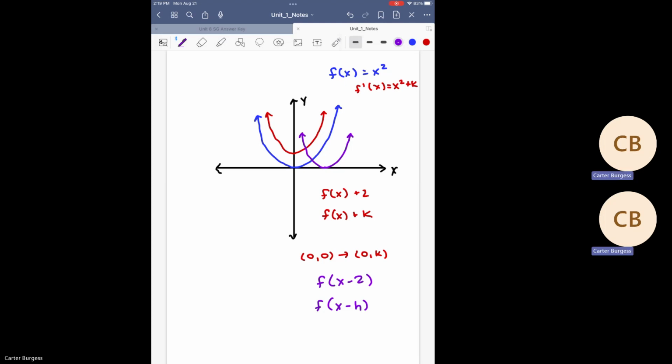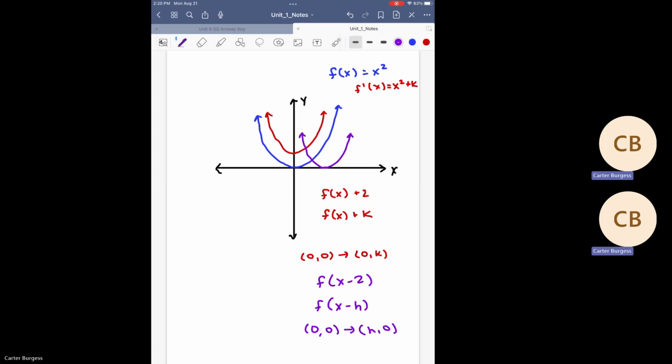Okay, exact same idea. We could still think of what is happening to the origin here. In this case, we are taking the origin 0, 0 and really just sliding it in that x direction, moving it to h, 0, right?